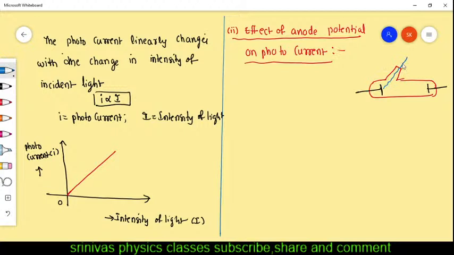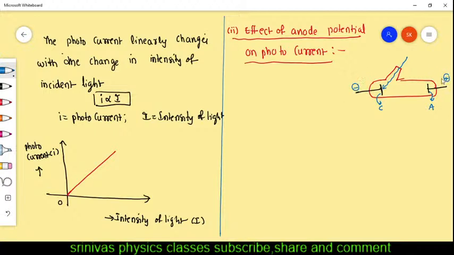This is the cathode and this is the anode. The light falls here, incident through the glass window. What I am doing here: this cathode is connected to negative, and the anode is connected to positive.